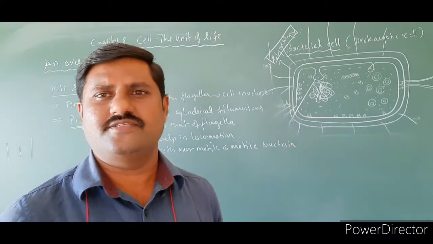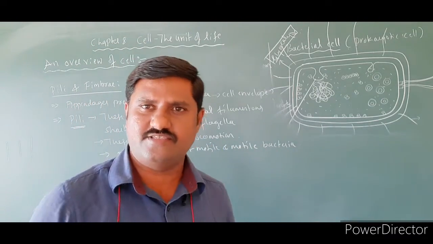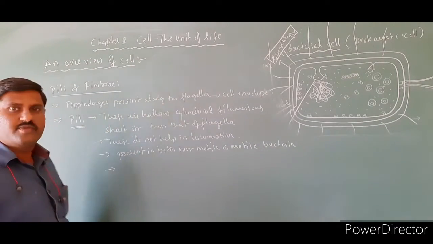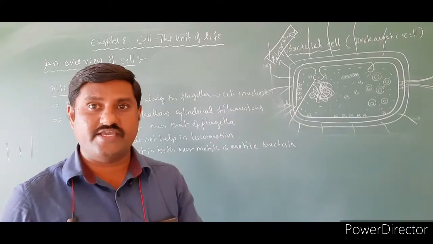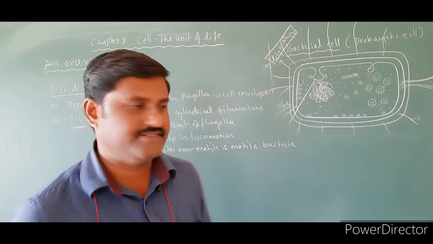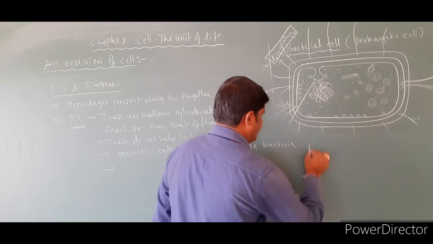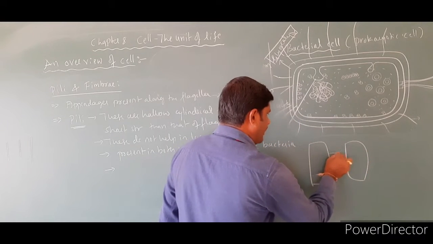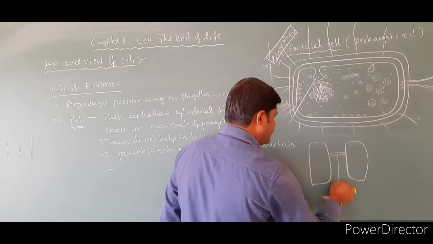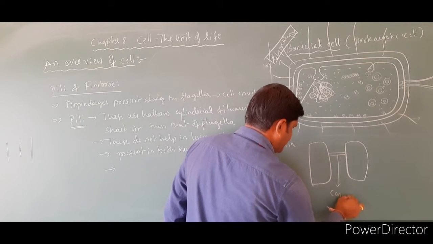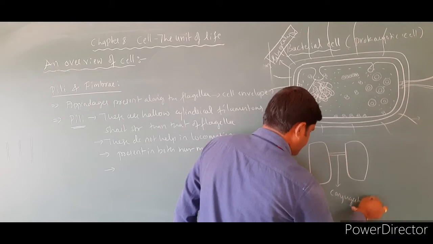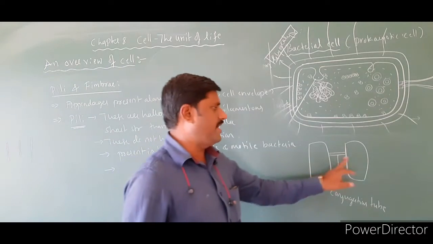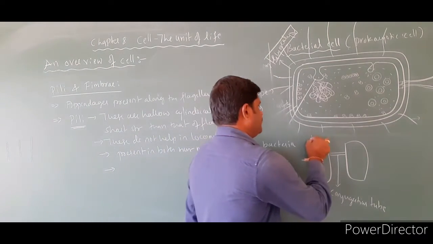They are hollow cylindrical extensions that arise from the cell envelope, and some of the pili help in conjugation between two bacterial cells. See here, this is one bacterial cell and this is another. These two are linked with the help of a conjugation tube.